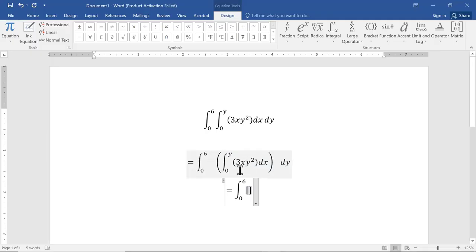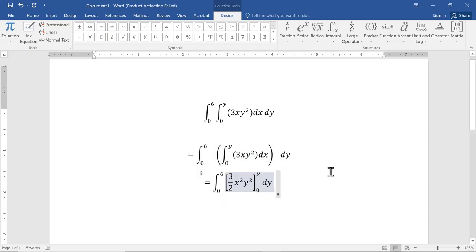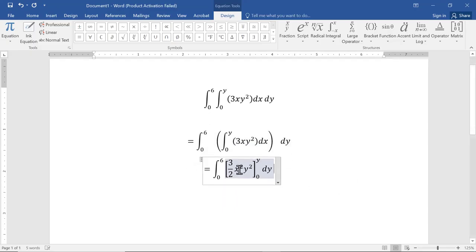When you take an antiderivative of 3xy squared with respect to x, you'll get 3/2 x squared times y squared. And we're going from 0 up to y. That means I'm plugging y into the x value, and then I'm plugging in 0 into the x value. Again, I'm plugging those into the x value because we're integrating this inside one with respect to x.